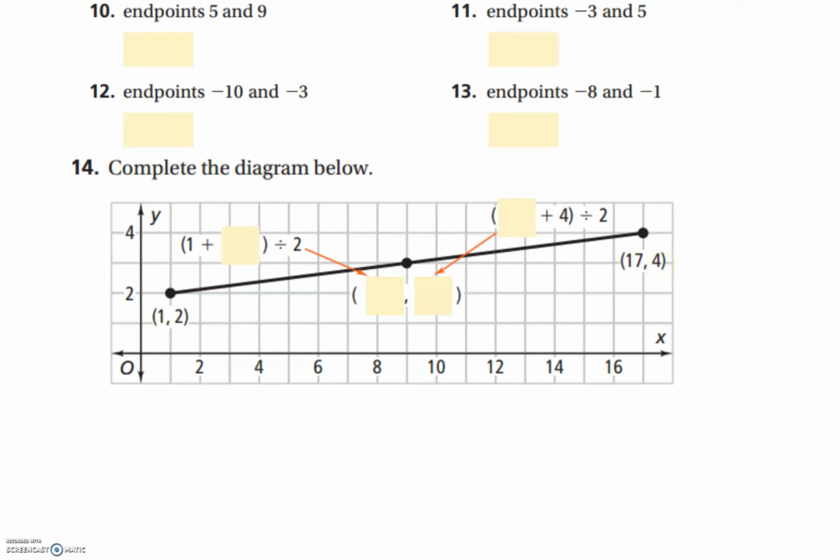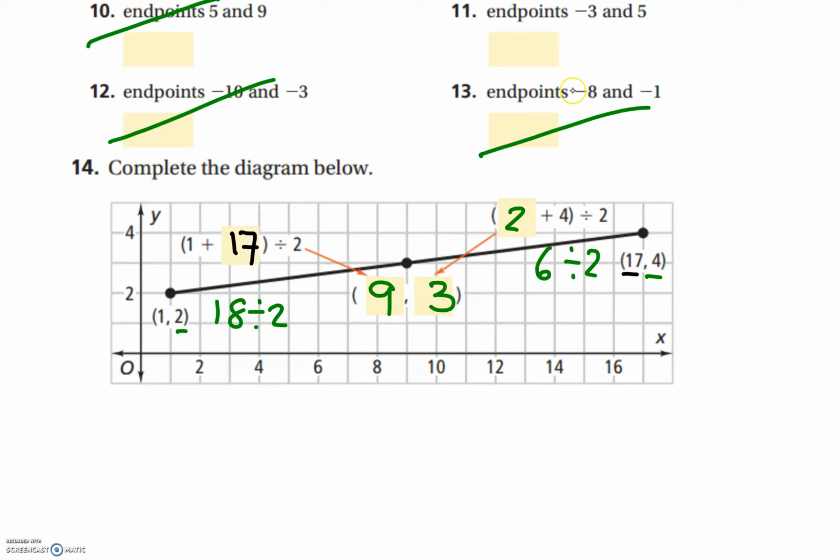What they say here is that if you add your two x values, 1 plus 17, and your y values, 4 and 2, and then you divide them by 2, you'll get your midpoint. So 18 divided by 2 is 9. 6 divided by 2 is 3. So that's how you get your midpoint.